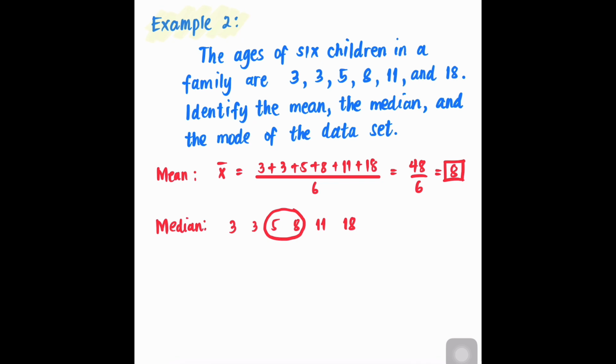To identify the median of this data set, we need to do 5 plus 8 divided by 2 to get the average. So 5 plus 8 is 13 divided by 2, which is 6.5. So the median is 6.5.